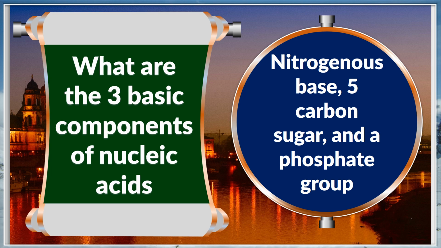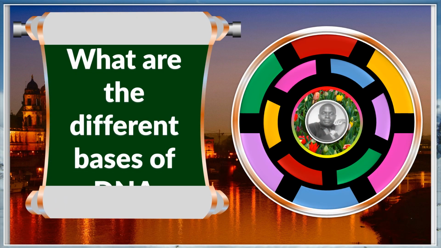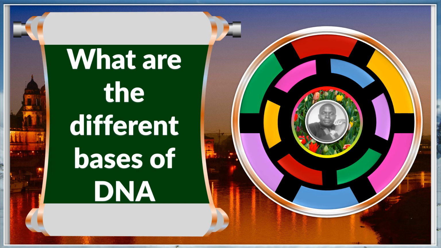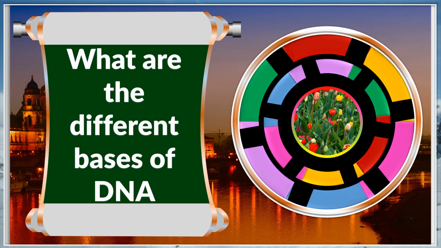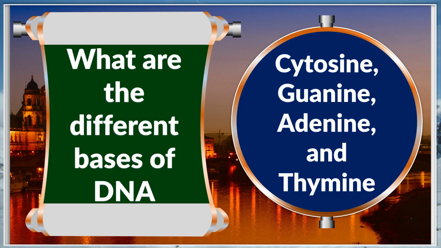Nitrogenous base, 5-carbon sugar, and a phosphate group. What are the different bases of DNA? Cytosine, guanine, adenine, and thymine.